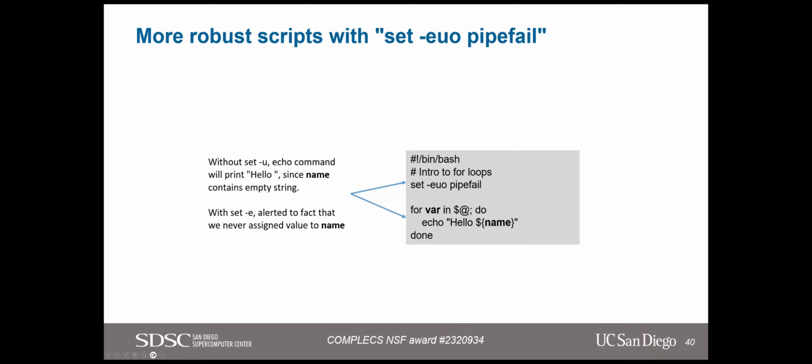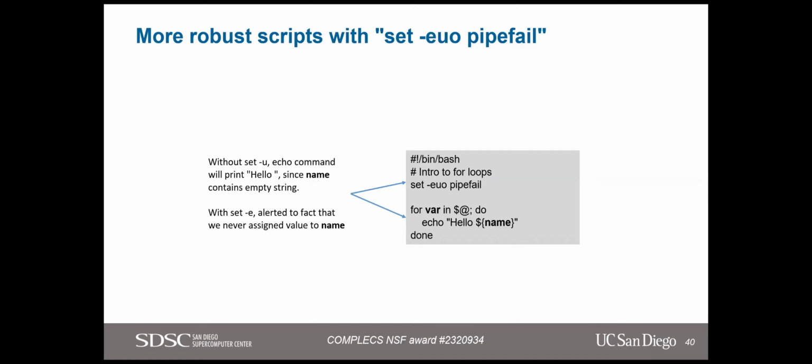So in this example, we set the pipefail, and we are going to loop through the names like we did in the past. So we're going to use the dummy variable var for the list in that array, and then we're going to echo hello and the name. So you'll notice that var and name are not the same.